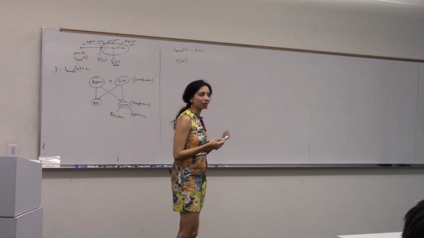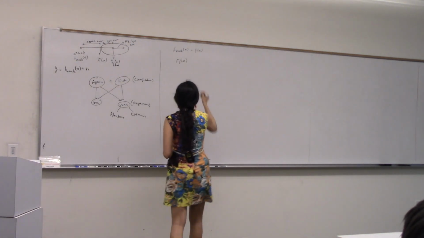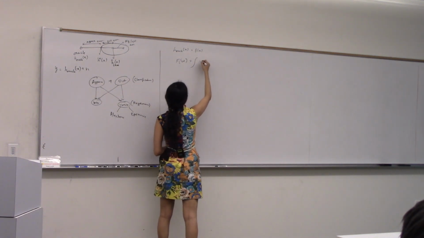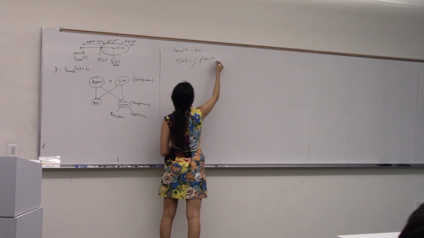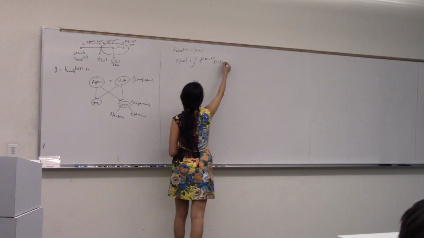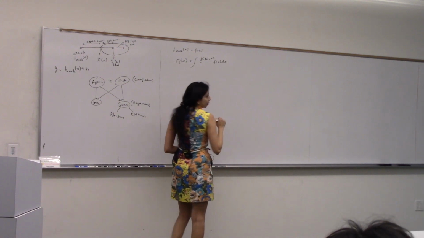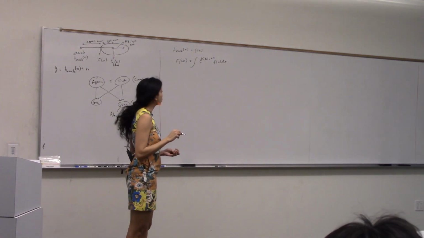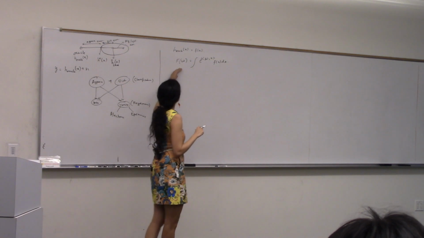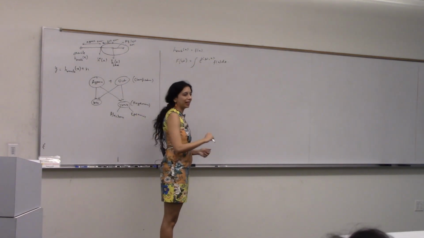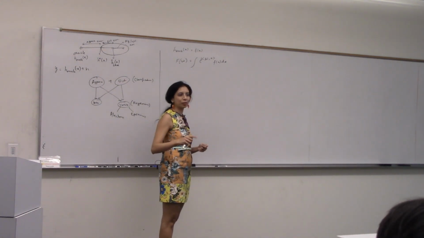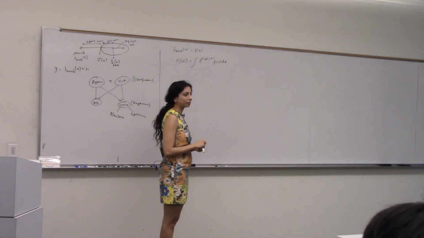X is continuous, omega is continuous. And if you recall the Fourier transform, this is how you compute it. And the intuition is, a smooth function has only low frequencies. It's slowly varying, and a fast varying function has high frequencies.